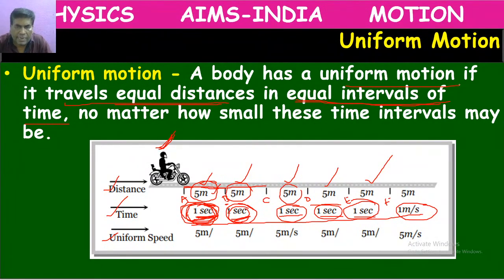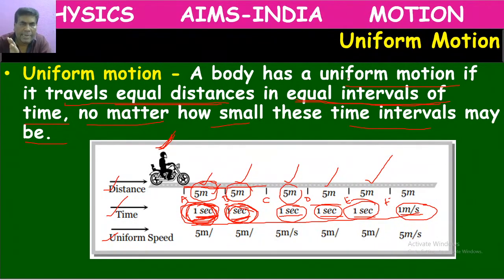Here the condition is, no matter how small these time intervals may be. Because here we have taken the time interval as 1 second, but it is not compulsory. We can take 10 seconds, 20 seconds, or half a second.